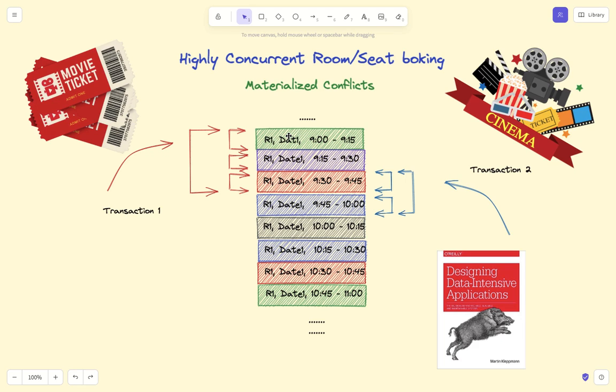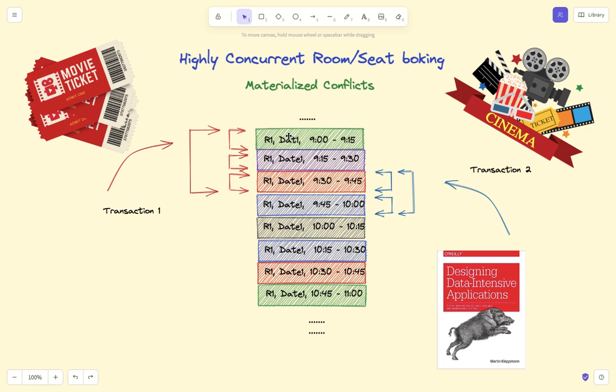So what we are doing here is materializing the conflicts that can happen in future, making them rows in our database, so that when concurrent transactions come, one of them needs to take a lock to book that seat, that room, or that phone, so that other parallel transactions are not able to book it.